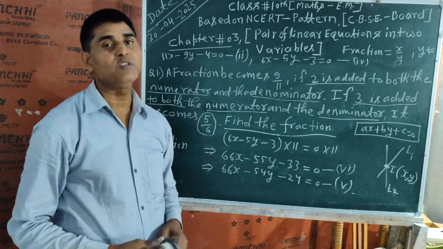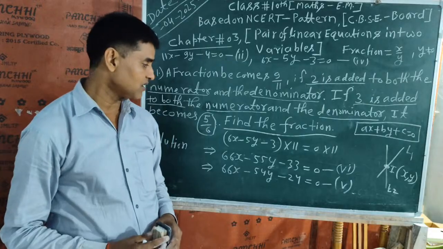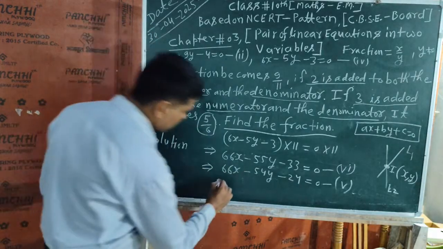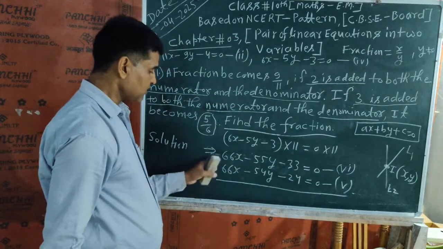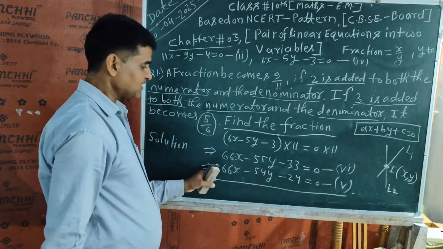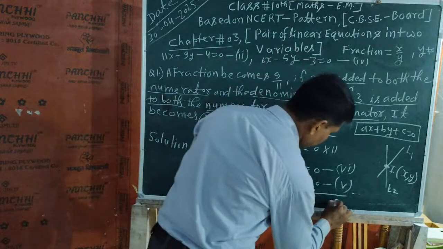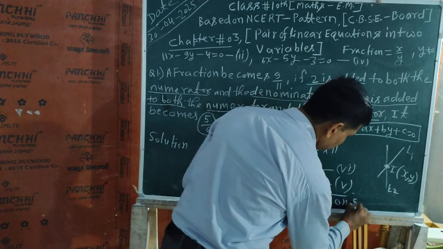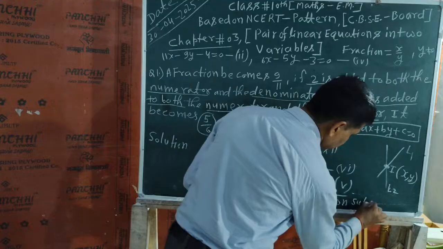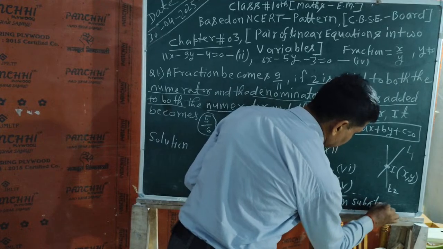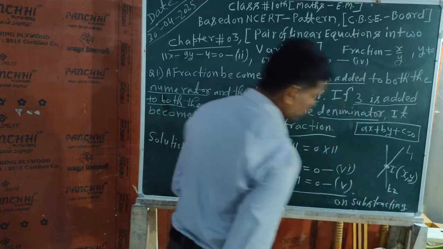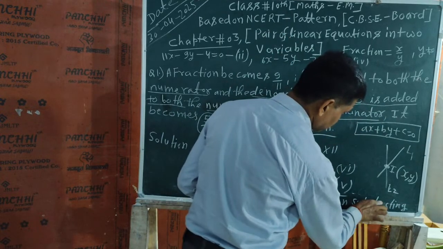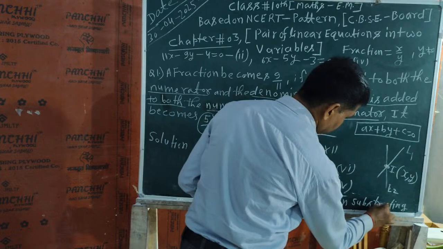The concept of the elimination method is that if both signs are the same, I will subtract.